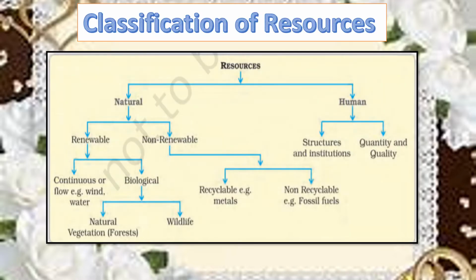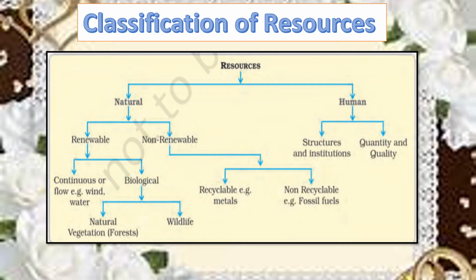Now let's classify the resources. Resources can be broadly classified into two categories, natural and human. Now let's look at what comes under natural. Natural can be again divided into renewable and non-renewable. Renewable means resources which can be reproduced, and non-renewable which cannot be reproduced or which takes millions of years to reproduce.